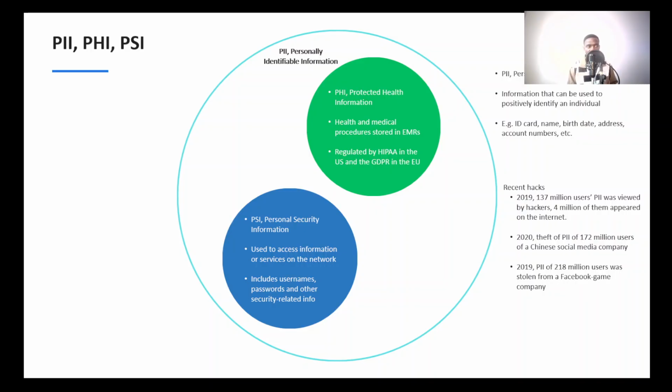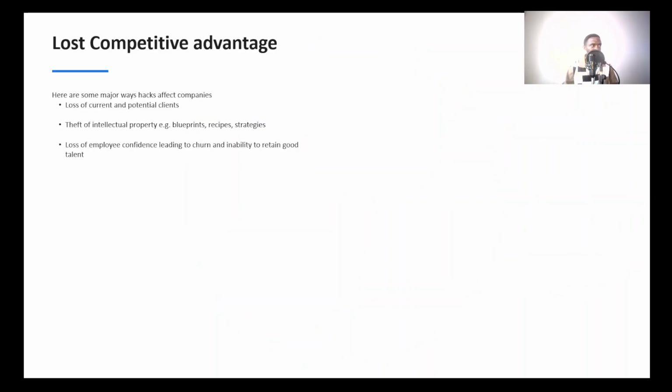Then 2019, we also had PII of 218 million users that was stolen from a Facebook game company. All of these things are very, very massive scale attacks that you as a cybersecurity professional should ensure you don't fall into. You should not fall into attacks in general, but not at this scale anyways.